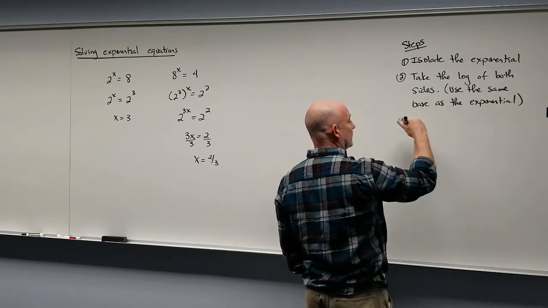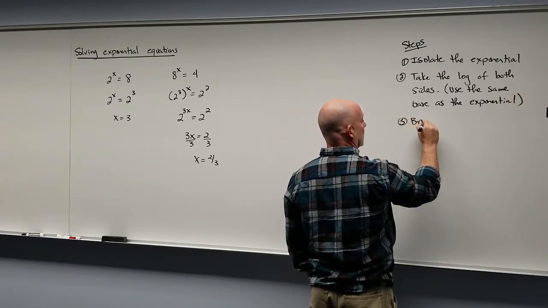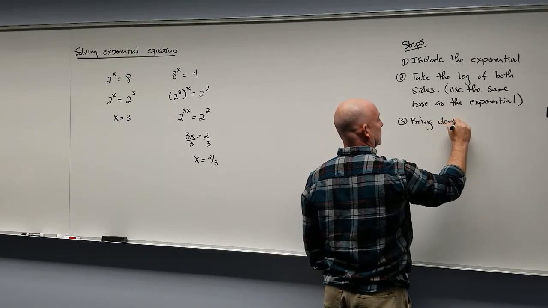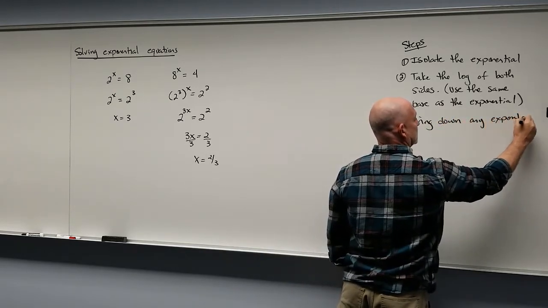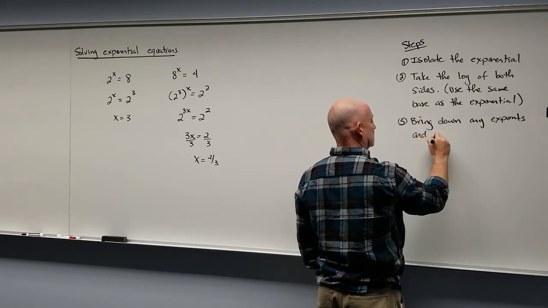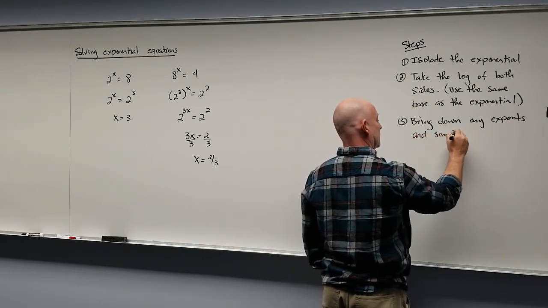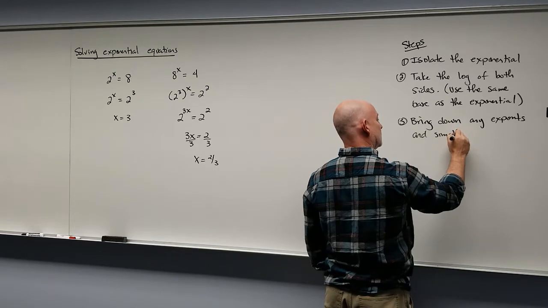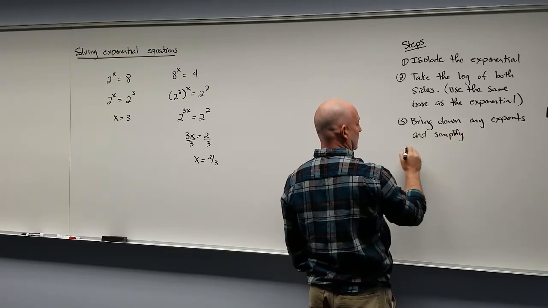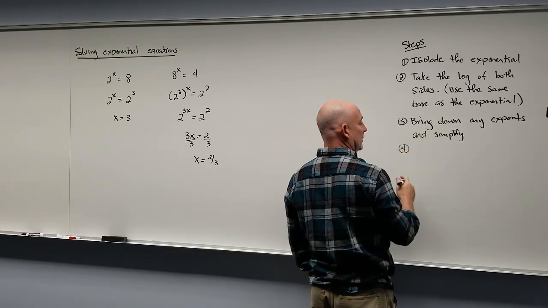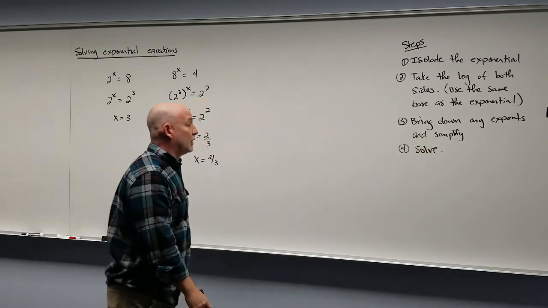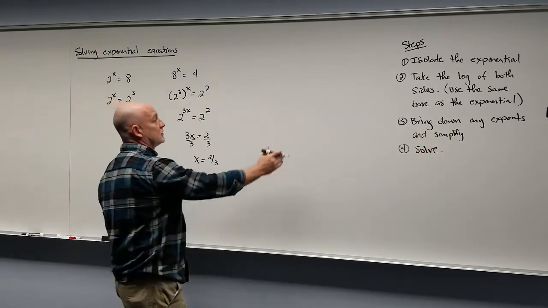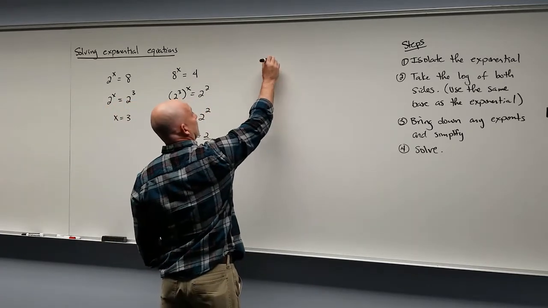Okay, so what that's going to let us do is bring down any exponents and simplify. Once we bring down all the exponents and simplify, all we have to do is solve whatever equation that we have left.